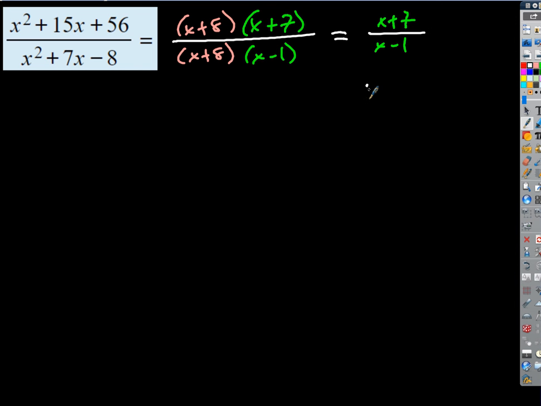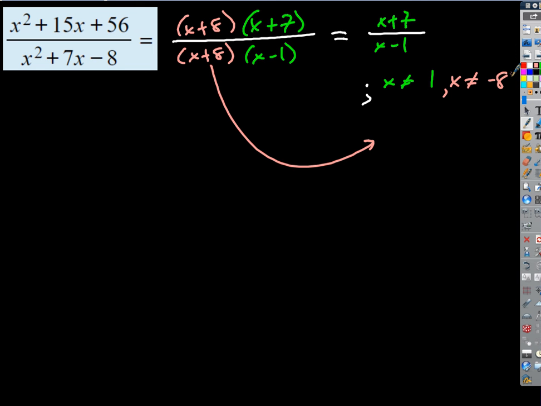And we have to include the restriction that x cannot equal 1, but we also have to include the restriction that x cannot equal negative 8, even though those got canceled, right?